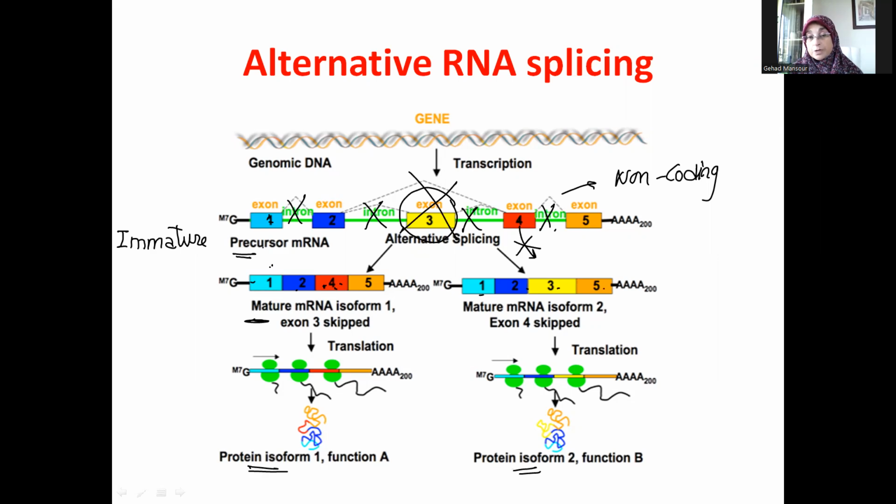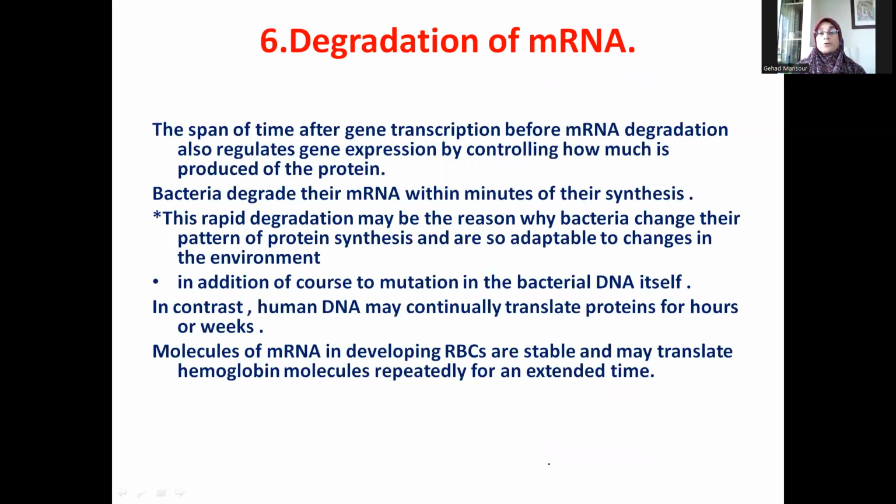However, about 3/4 of the exons are common; they have in common 1, 2, and 5. And as we said before, sometimes certain changes in the amino acid sequence do not result in a major change in the function of the polypeptide. So protein isoform 1 has function A, and isoform 2 has function B, but function A and function B are very close to each other.